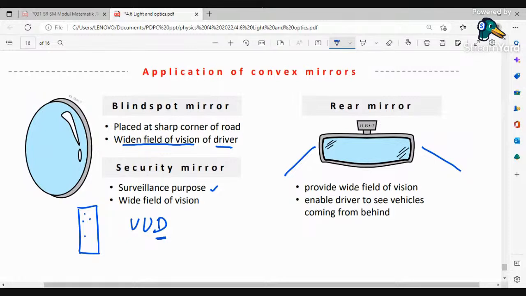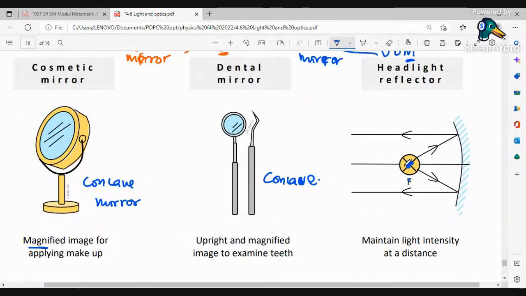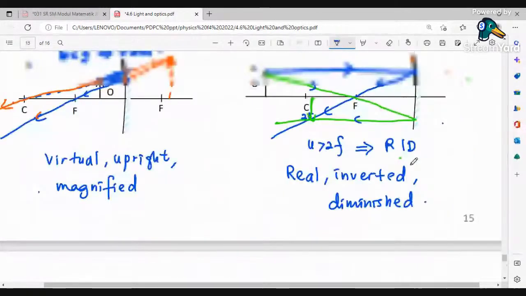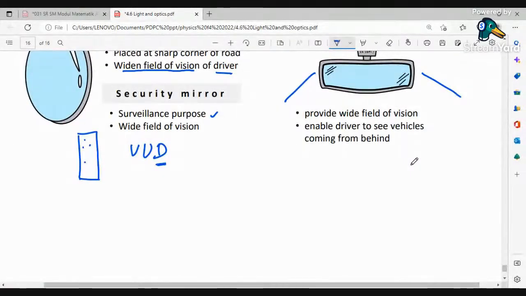So you must know this one also, because it can come out in paper 1, or maybe some application discussed in paper 2. So for this, until now, I have done 6.5 and 6.6.